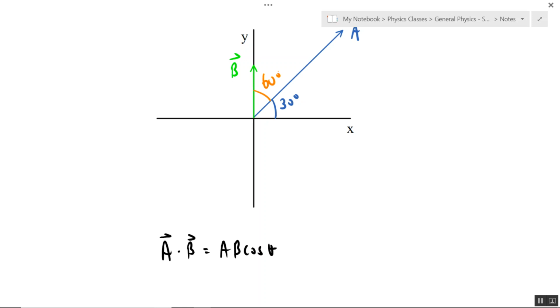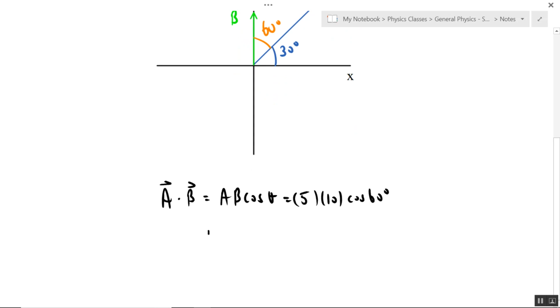You use 60. So you get this, and the cosine of 60 is a half. Sine of 30 is a half, cosine of 60 is 1/2.